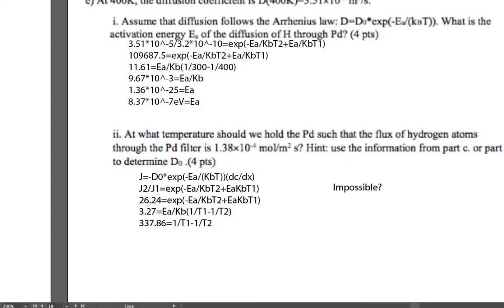What you do is that we need to try to find the temperature. Oh wait, no, actually we need to find the D naught first.